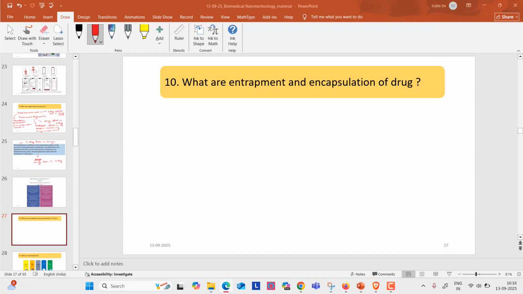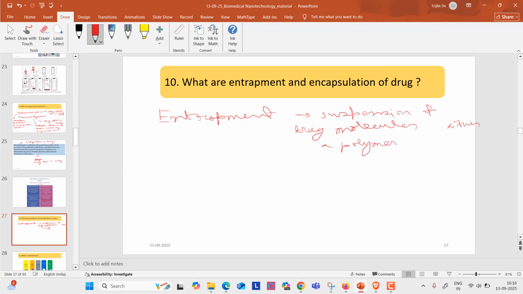Entrapment means suspension of drug molecules within a polymer matrix.